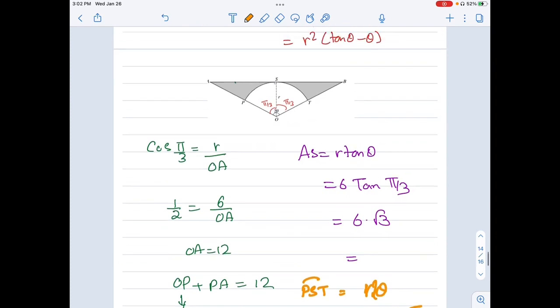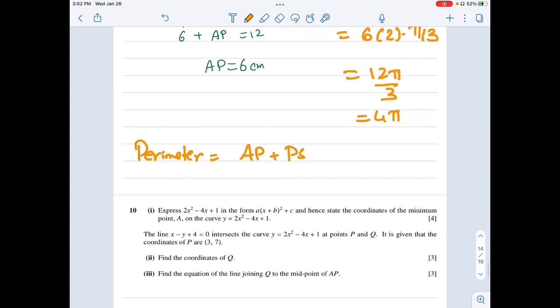I start from AP, I go A to P, then PST, then T to B, and B to A. AP plus PST plus T to B, and then BA.